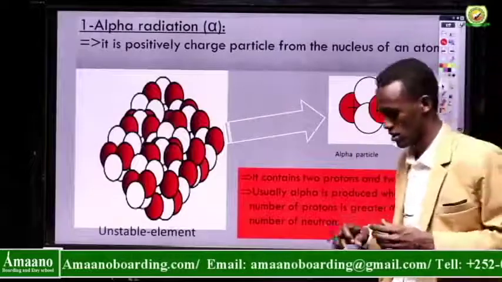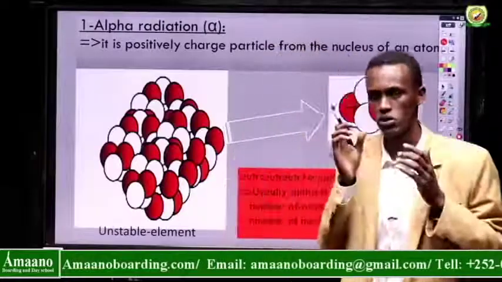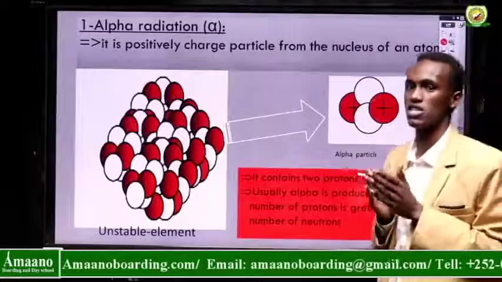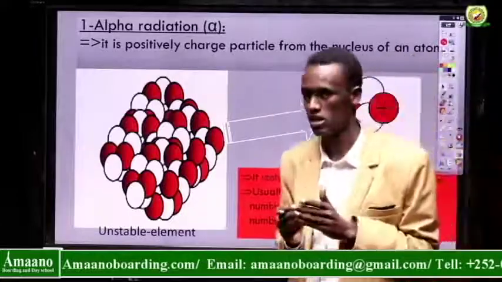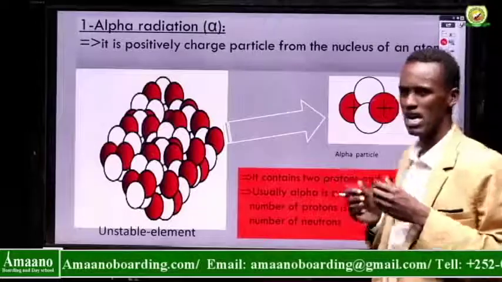Okay, the next point is alpha radiation. We study one by one. So first we start alpha radiation, then beta radiation, then gamma radiation. So what's alpha?